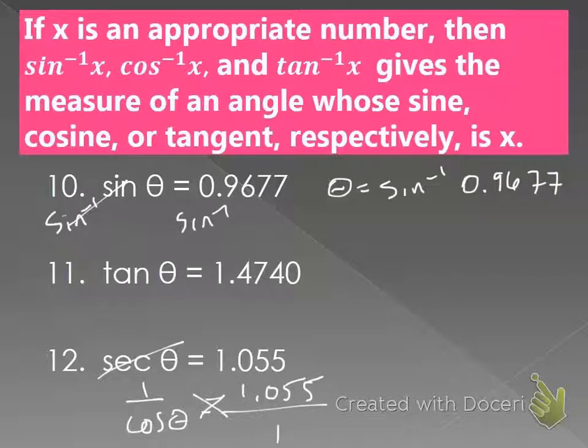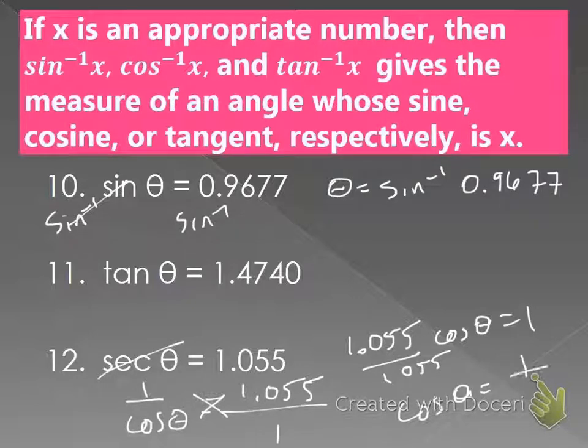So cross multiply. And you would get 1.055 cosine theta equals 1. And then divide both sides by 1.055, and you get cosine theta equals 1 over 1.055. Now we can inverse cosine, and it gives us a value to inverse cosine.